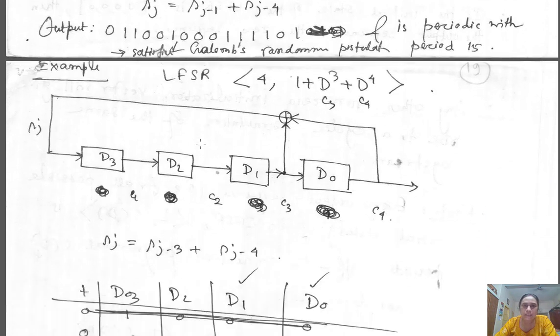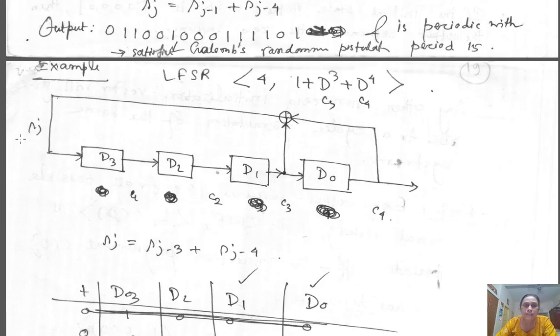Okay, so this is another example. The connection polynomial is different. This is also a 4-length LFSR, but the connection polynomial is now 1 plus D cubed plus D to the power 4. So C4 connection is there and C3, and C2 and C1 are 0. So essentially, in the formation of Sj, the feedback bit generation, these two are contributing.